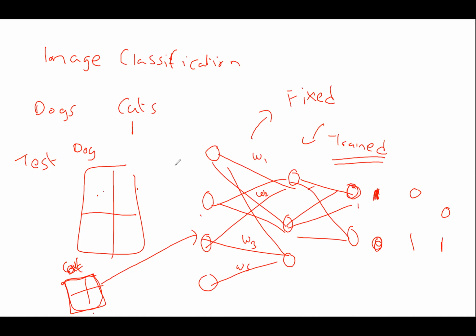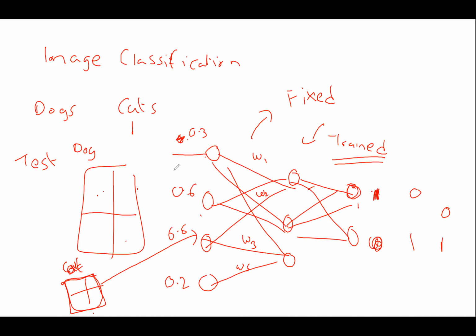In testing, I passed a dog image. Each pixel value, mind you, you have to normalize it. Remember we did the standard scaler function last time. So we normalize it. Let's say the first pixel values are 0.3, 0.6, 0.8, and this pixel value is 0.2. It calculated it, and then it gave the output as 1 and 0.